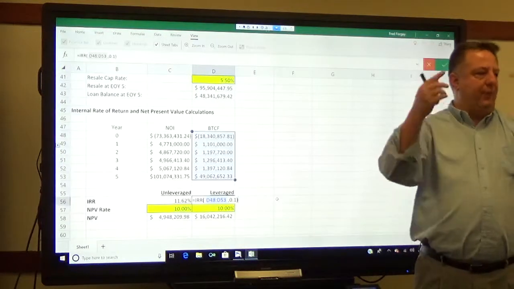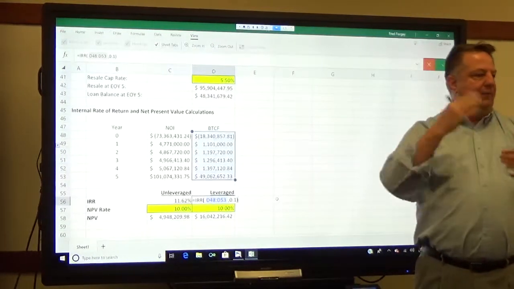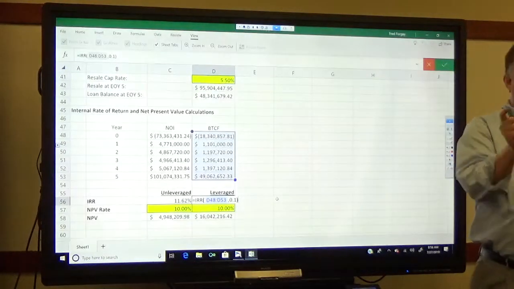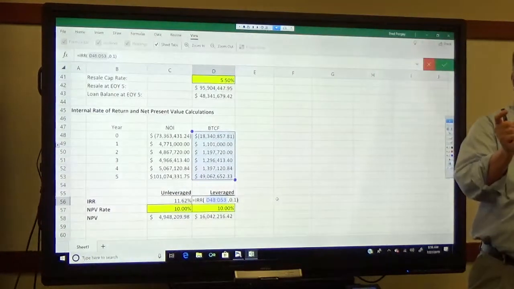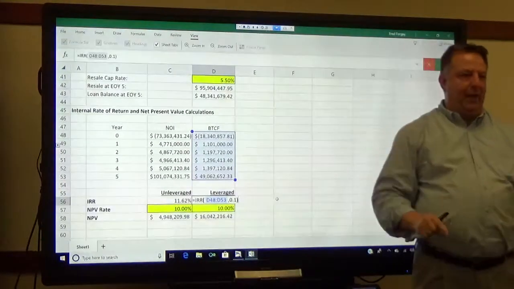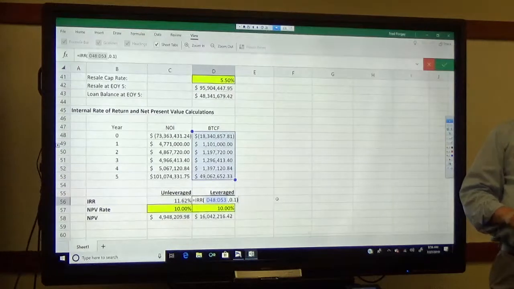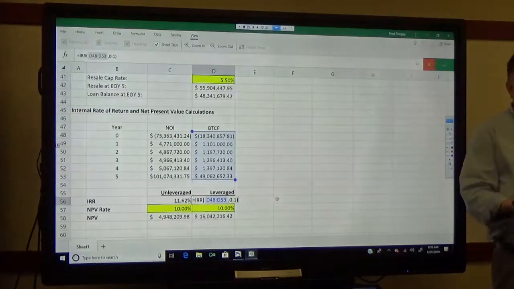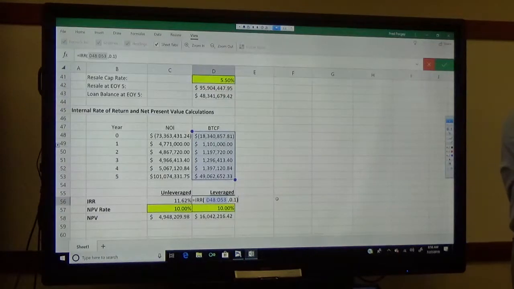That iterative function, which means a repeating function, needed a seed value as a starting point, and then it would play this high-low game. Okay, is the internal rate of return up here? Nope, that's too high. Is it down here? Nope, that's too low. And then eventually it compresses to the point where it gets the number you're searching for, the internal rate of return.